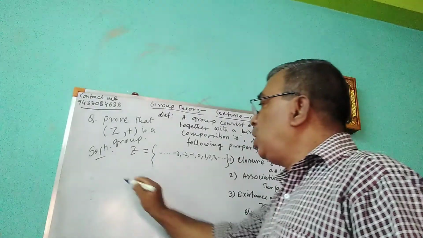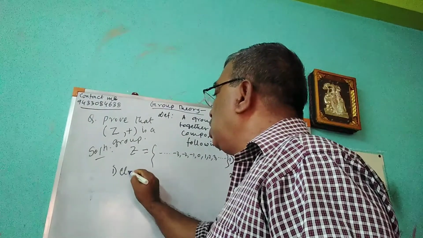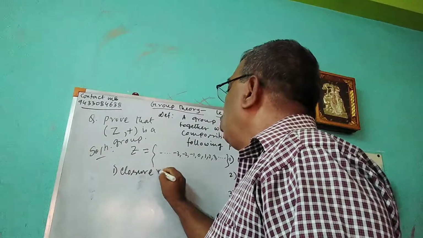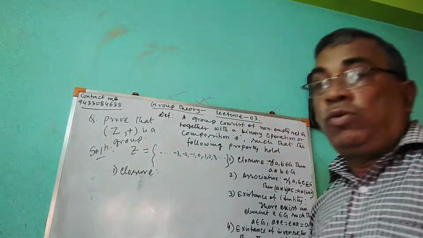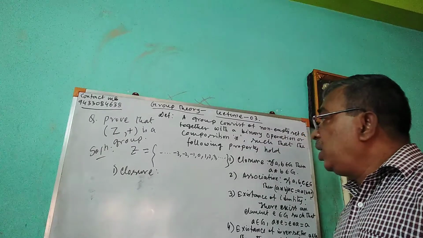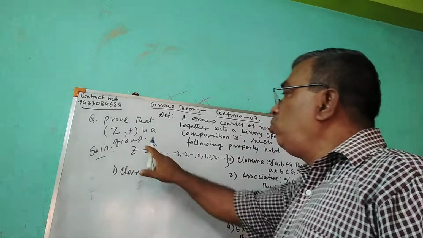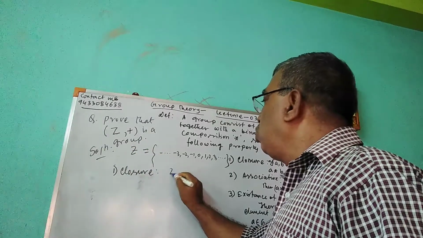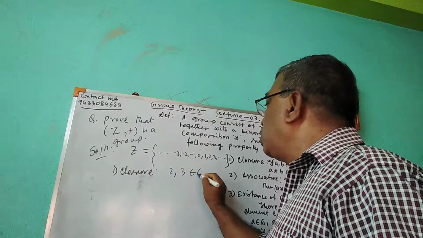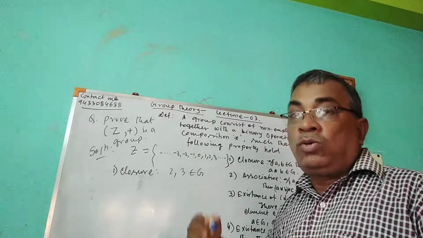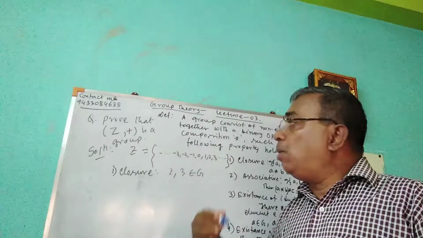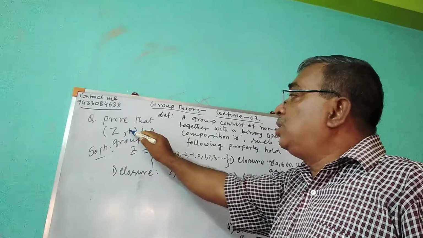Now for closure property, number one. How to prove closure property? Take any two elements from Z, say 2 comma 3. 2 comma 3 belongs to Z. Now we have to check the addition of these two, because Z plus is a group.